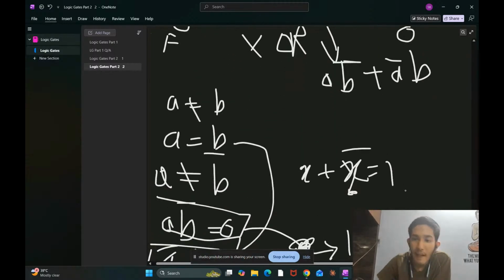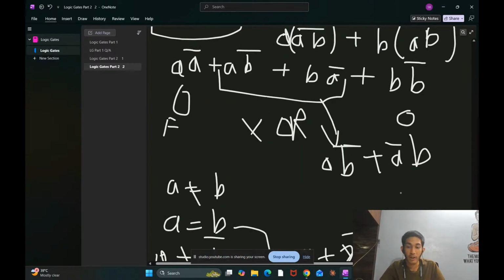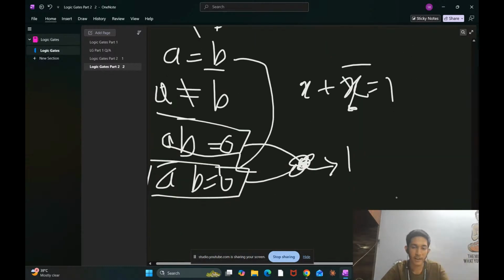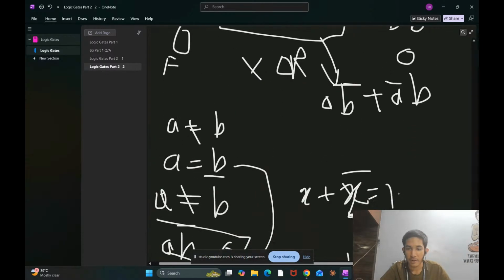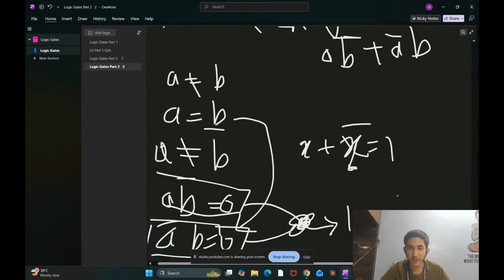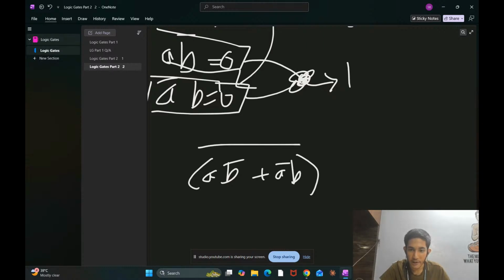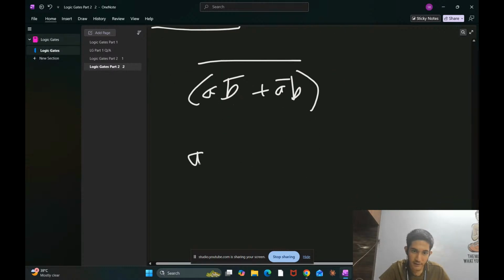So yeah, that's it. And for the not gate, it'll actually be the reverse. Not gate, but X naught. So just excuse my voice, but we can take the whole thing. Let me just write it down and then just not it. De Morgan says this. Let me just write what De Morgan says properly.